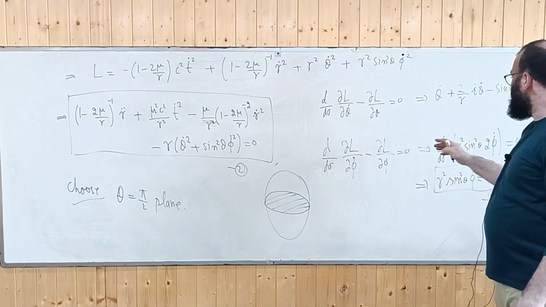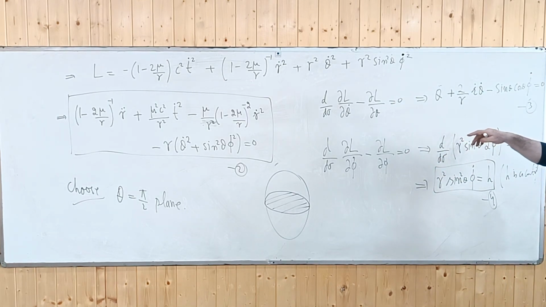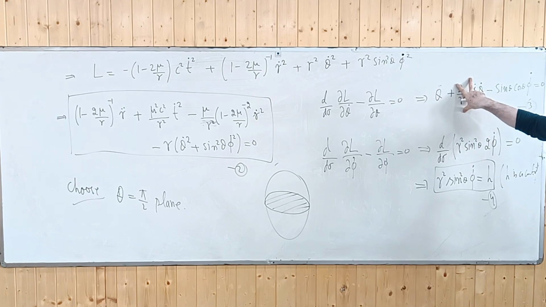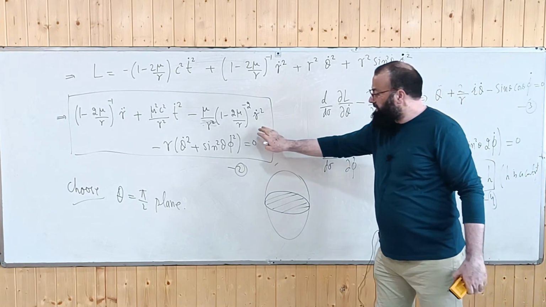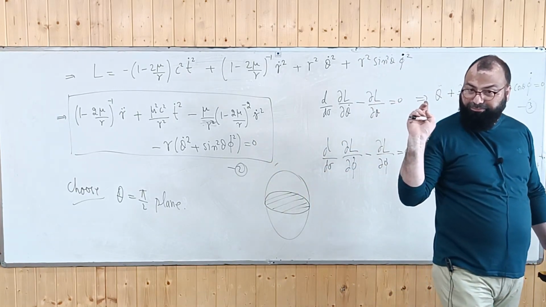So what is fixed now? When theta is equal to pi by 2, theta is fixed, so I don't need to take the theta equation into account, and sine theta will be 1. So I'll have only 3 equations at hand: one is r squared phi dot like this, another is like this, and the first one.